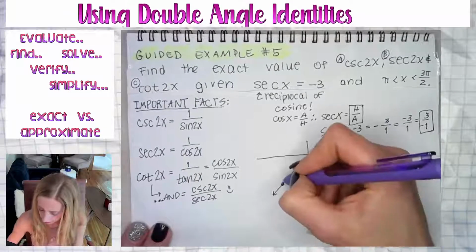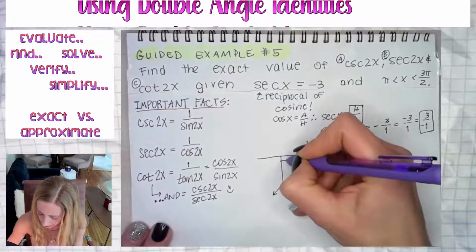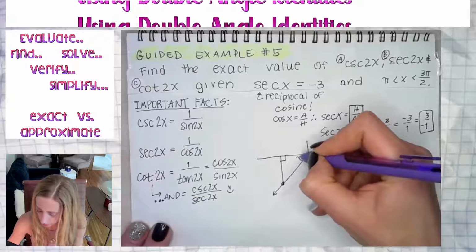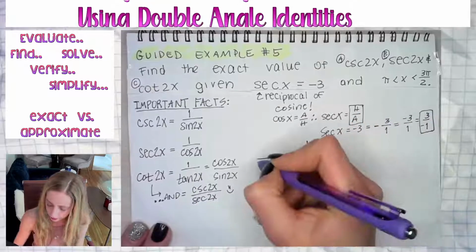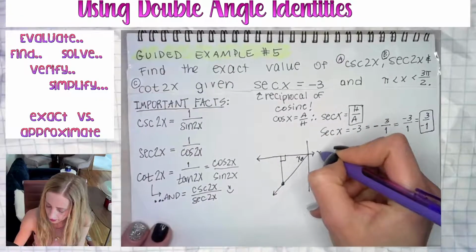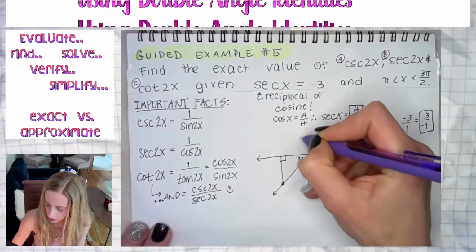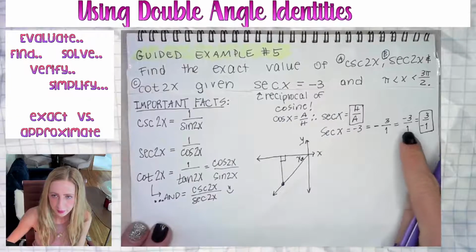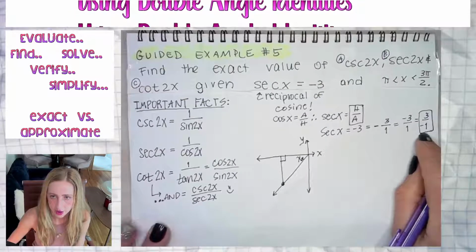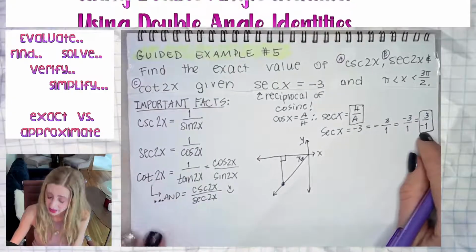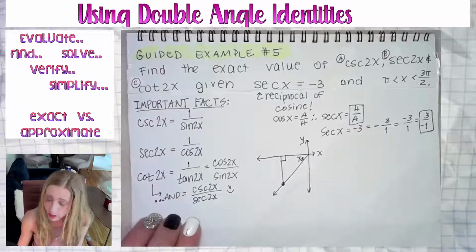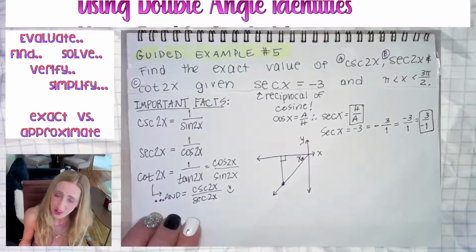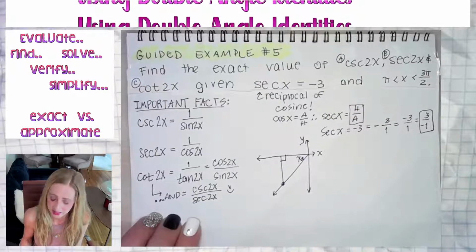So here we go. You always connect up to the x-axis, right angle. This is reference angle x, put a little r on it. This is my x-axis. This is my y-axis. Reference triangle. Hypotenuse. Adjacent. Some of you ride this struggle bus pretty hard and you still don't know which one is opposite and which one is adjacent.